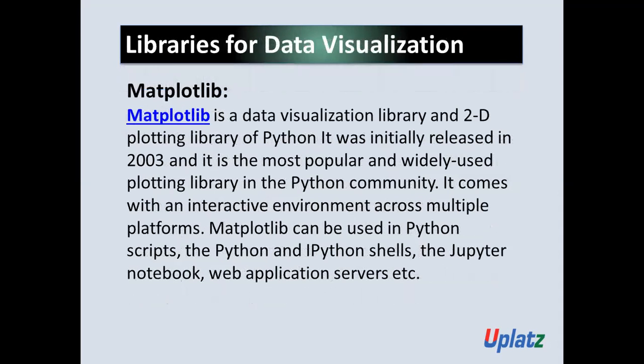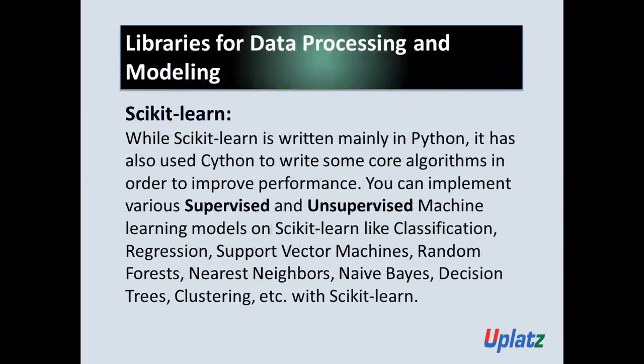Now let's see the libraries for data visualization. Under data processing and modeling, we have seen Pandas, NumPy, SciPy, and scikit-learn. By the way, there are still more libraries for data processing and modeling, but I think these are the four important ones: NumPy, Pandas, SciPy, and scikit-learn.